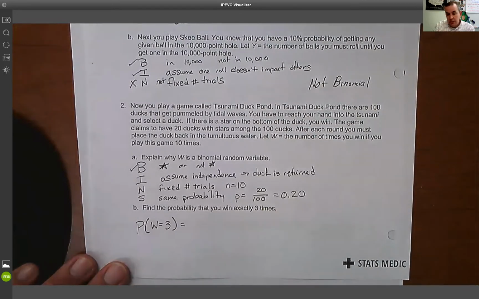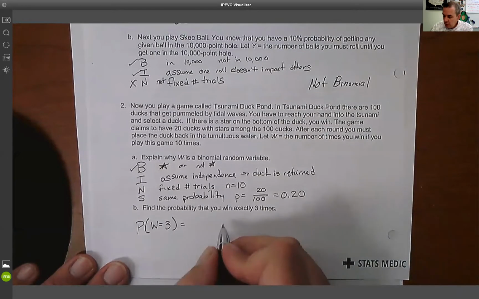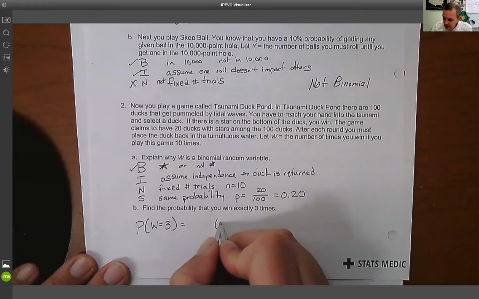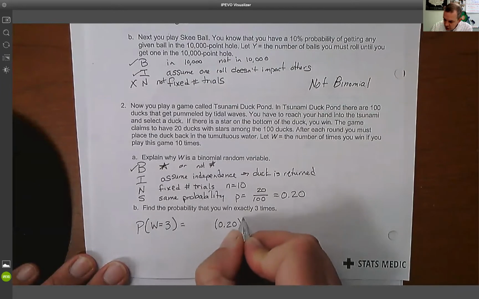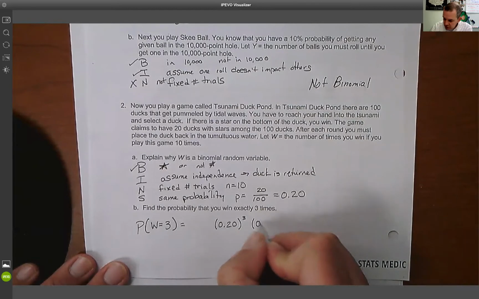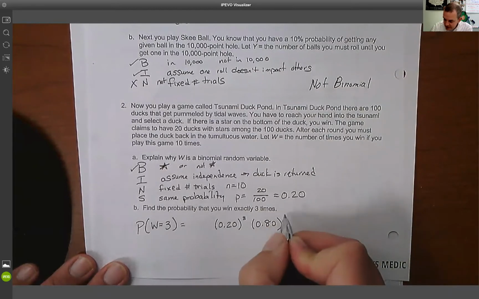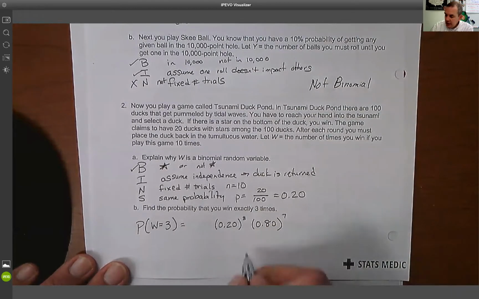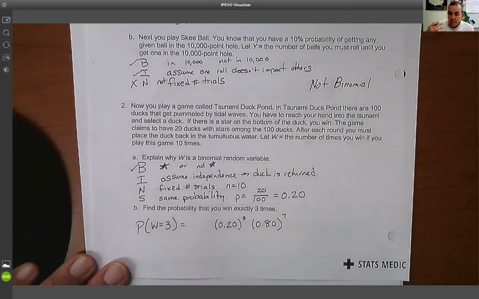So what we talked about in class is the following. When we deal with binomial settings, we want to win 3 times, but that means we are going to lose, that's what that 80% is, 7 times. And there are multiple different ways to win 3 times.